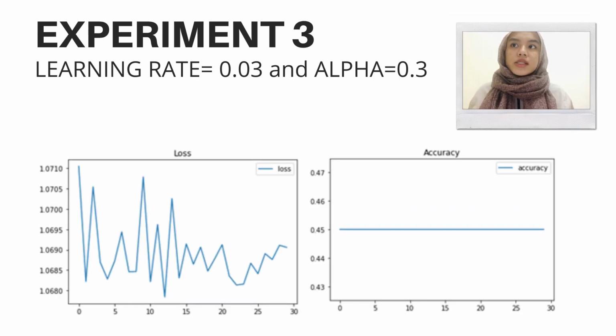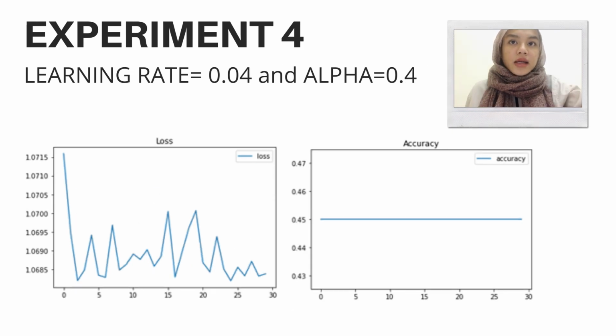In experiment 3, we set the learning rate to 0.03 and the alpha to 0.3, and we can see from the loss graph that it has higher loss and the accuracy stays at 0.45. And in experiment 4, we set the learning rate to 0.04 and the alpha to 0.4, and the loss graph has higher values and the accuracy also stays at 0.45.